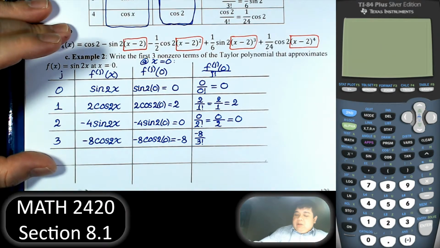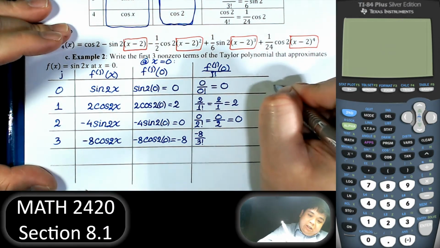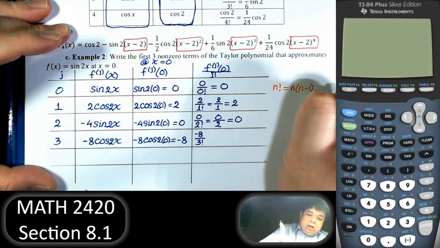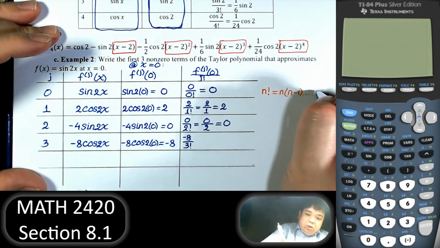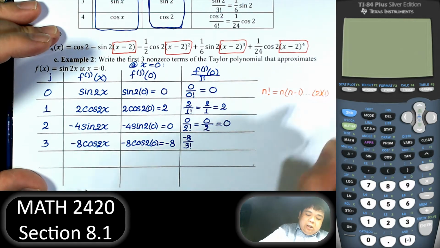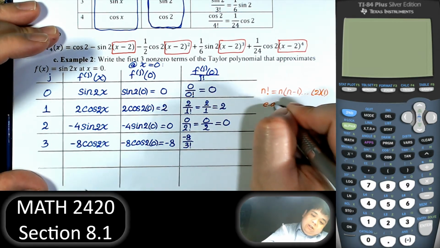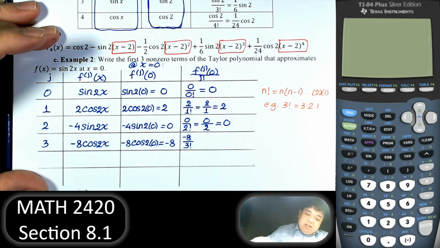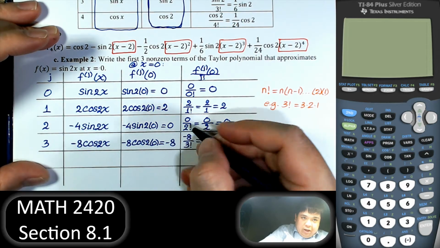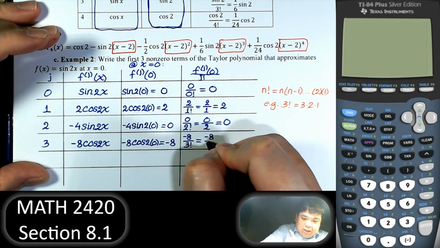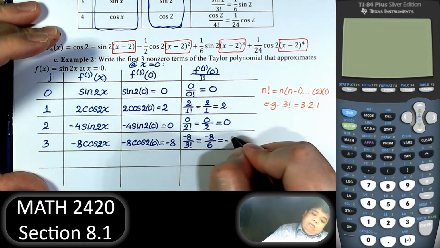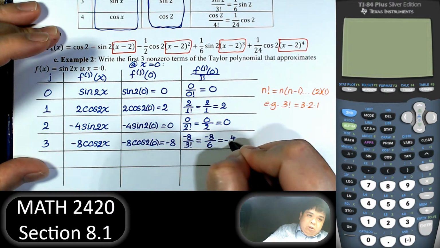Just a reminder, n factorial is n times n minus 1, and the product goes all the way back to 1. So 3 factorial is 3 times 2 times 1, which is 6. So I have negative 8 over 6, which reduces to negative 4 over 3.